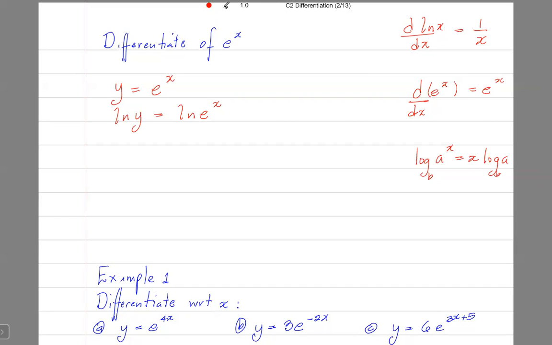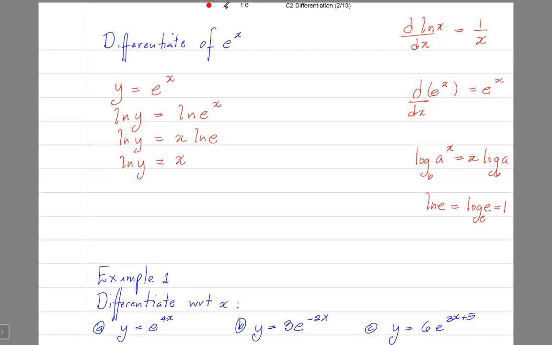It means, therefore, that ln y is equal to x ln e. All right. Now, everybody should also remember that ln e is the same as saying log to the base e of e, which is equal to 1. So this is the same as saying ln y is equal to x times 1, which is x.